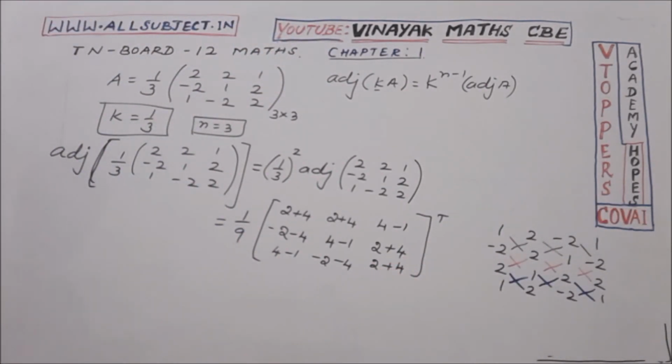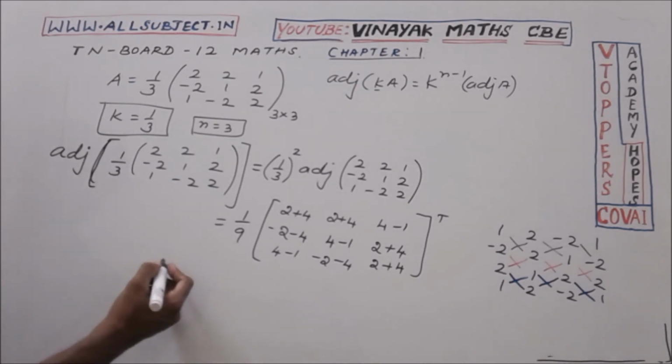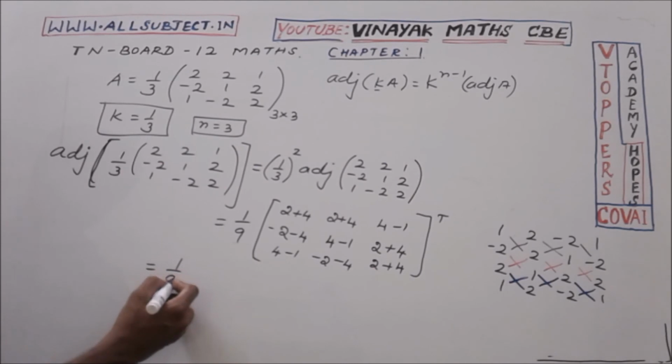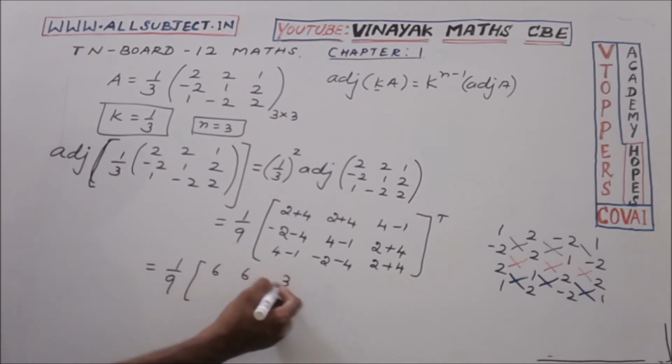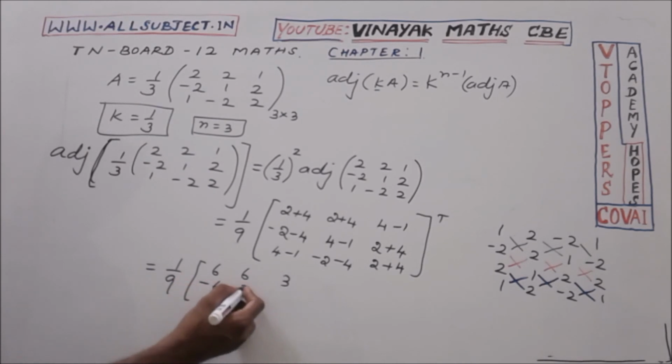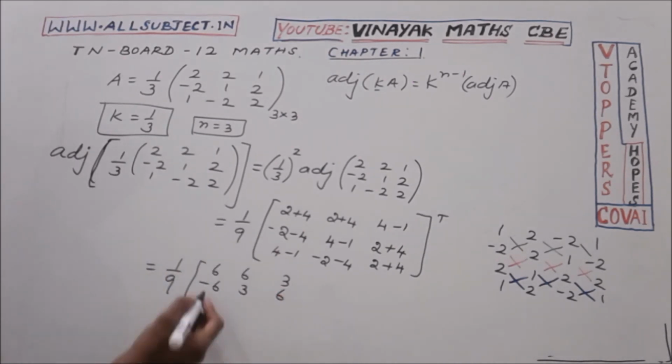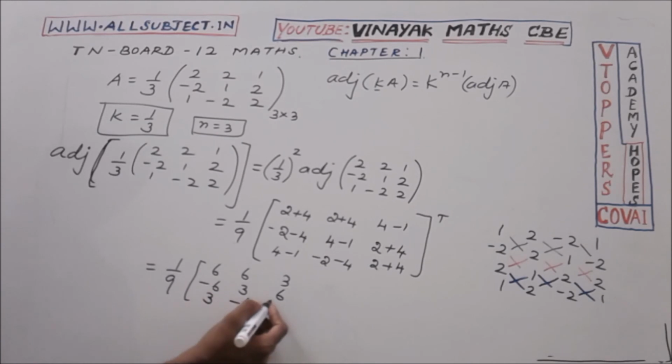Simplify and transpose it, you will get the respective answers equal to 1 by 9 into 6, 6, 3, minus 6, 3 plus 6, 3 minus 6 plus 6.